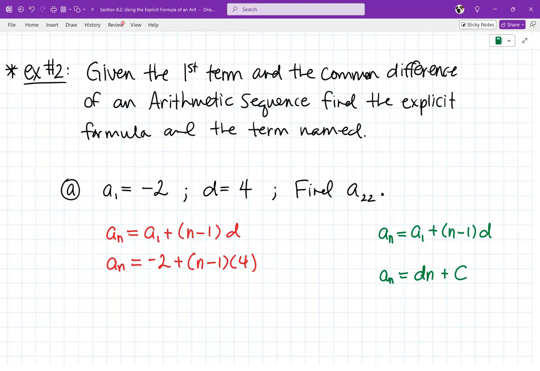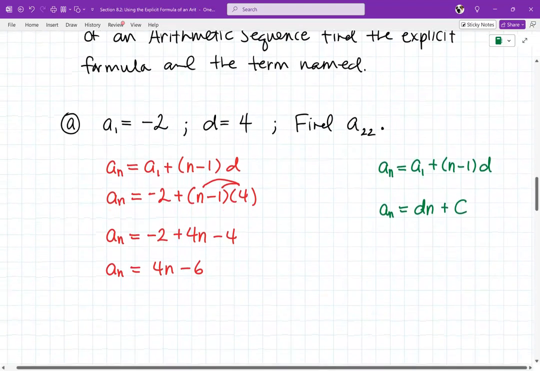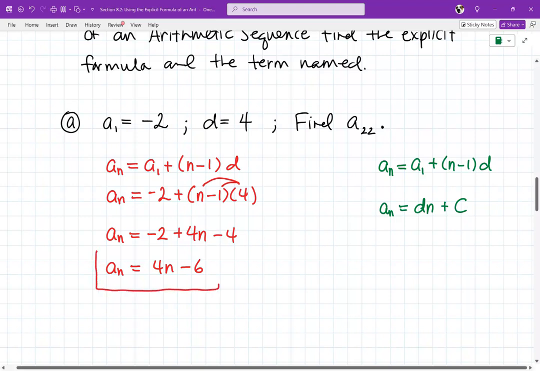So I'm going to go ahead and distribute this 4. Okay? So a sub n is equal to negative 2 plus 4n minus 4. So a sub n is equal to 4n minus 6. So here is my alternate form of the explicit formula.